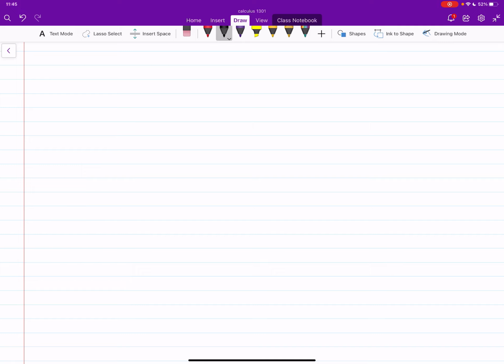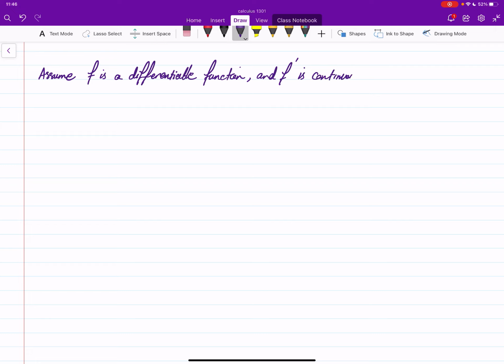So we will assume that f is a differentiable function, and we also assume another condition, that f prime is continuous. You will notice why we assume that condition on the interval a.